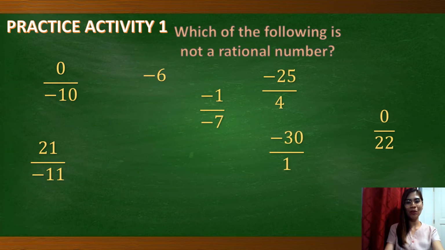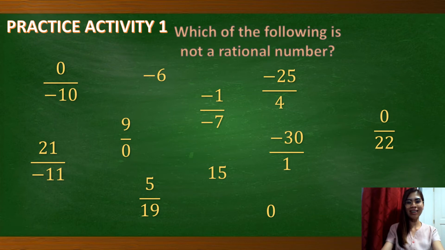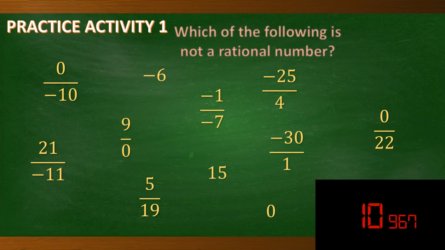Now let us have an activity where you need to identify which among these numbers is not an example of a rational number. I will give you 20 seconds to answer this one. Your timer starts now.